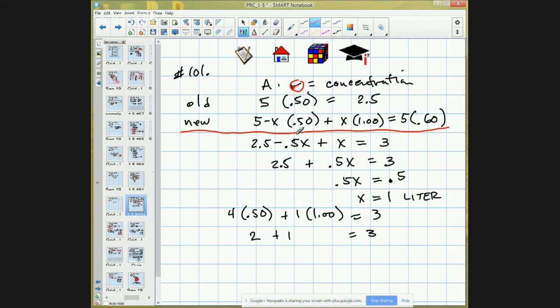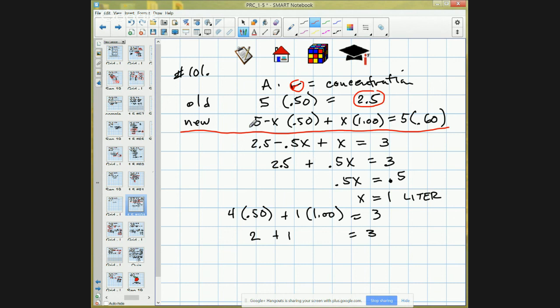And yeah, what's different about this is instead of breaking into 2 parts, we originally did all 5, what was it, liters? Yeah, we originally did all 5 liters at 50%. So what was the amount of concentrate? Amount times rate, half times 5 is 2.5.